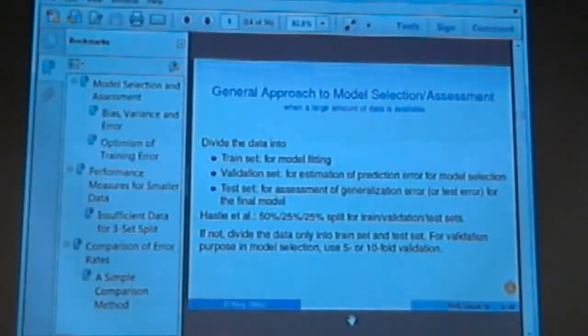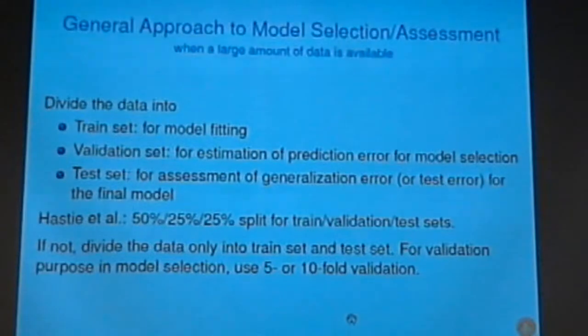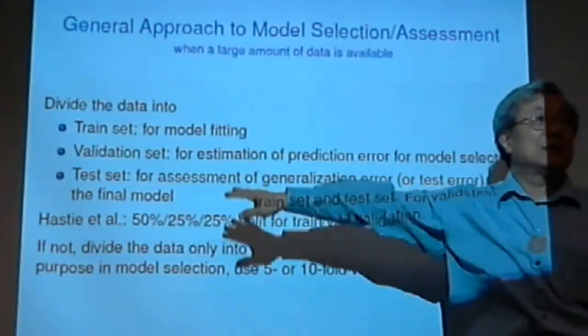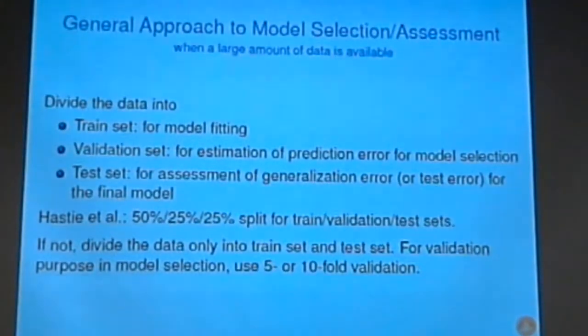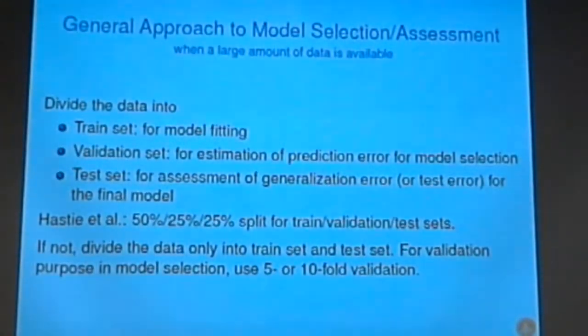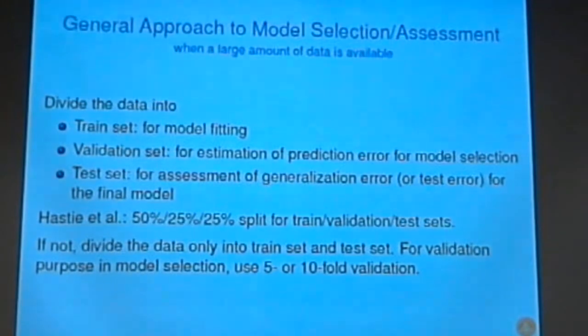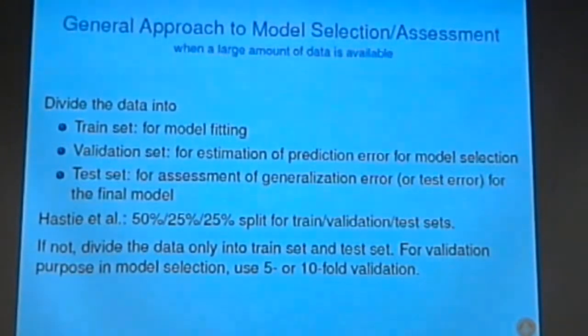Actually, not only in the book, they have some earlier papers about that. They suggest this kind of split into train, validation, and test set if you have a large data set. If not, if you have a moderate data set, then you divide the data only into a train set and a test set. Only two parts.